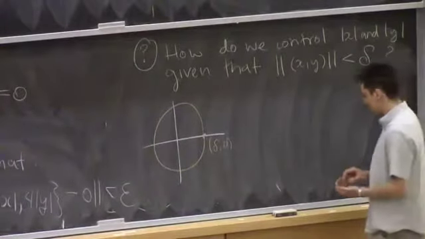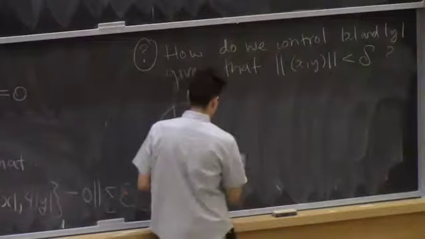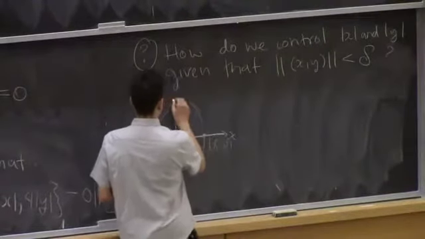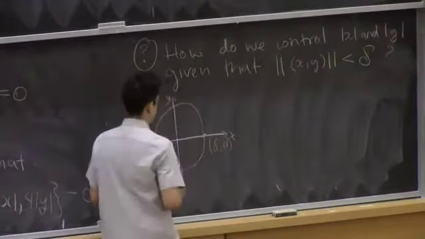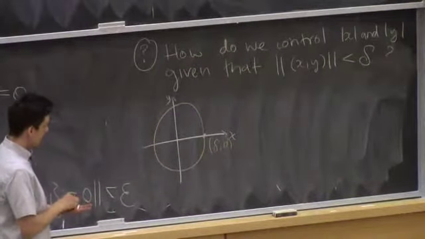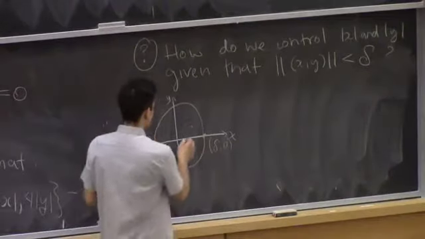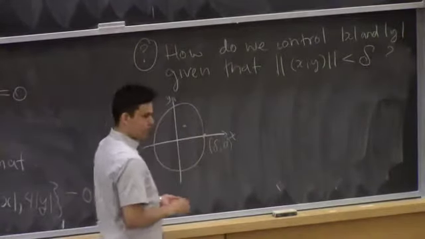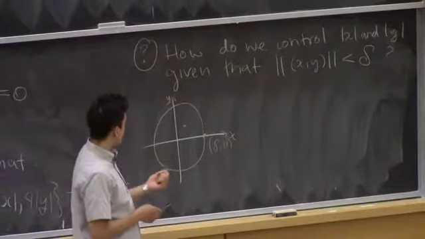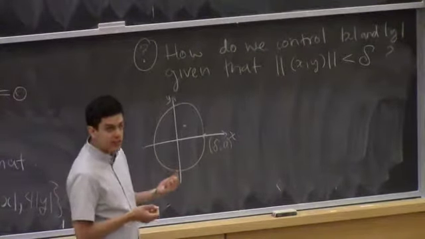So we've got a circle of radius delta. Okay, and now if we're a point contained somewhere in that circle, then what do we know about the x and y coordinates? Well, the biggest they can possibly be is delta.